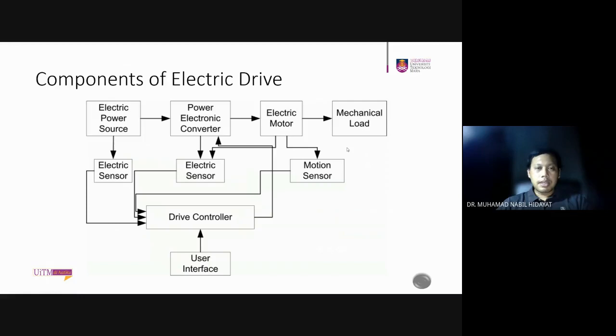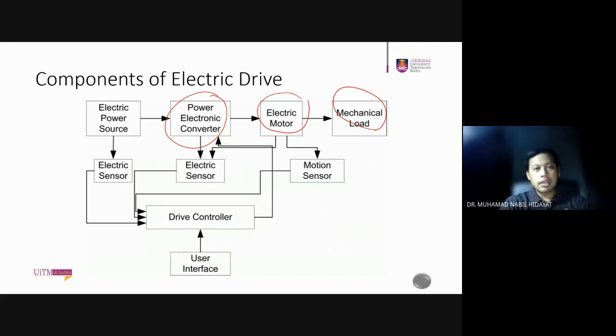As previously discussed, you have your electric motor serving the mechanical load, and the power supply is supplied by the converter, which supplies the energy to the electric motor.